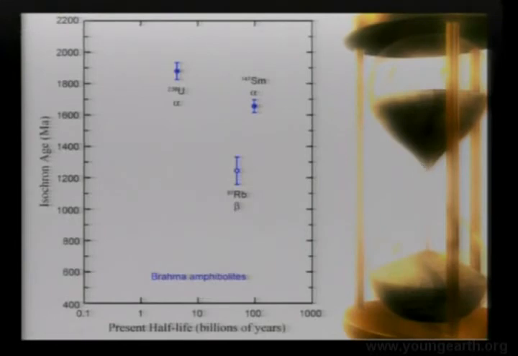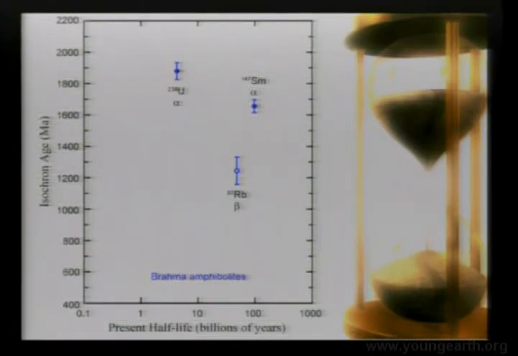So when you plot these results on a diagram, down the bottom is what we call the present half-life. That's the decay rate, the measure of the decay rate. So uranium has a faster decay rate than rubidium, and samarium has an even slower decay rate.